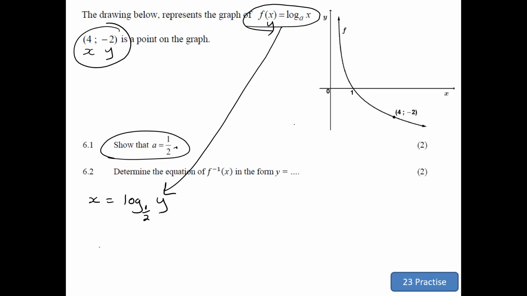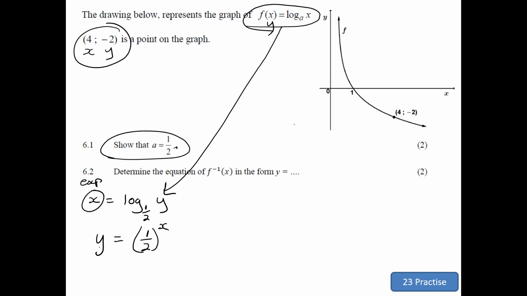So remember, I need to bring this to y form. And the only way for us to do that is to change this to exponential form. So we can say y, which is equal to the base, is half, and this represents your exponent, x.